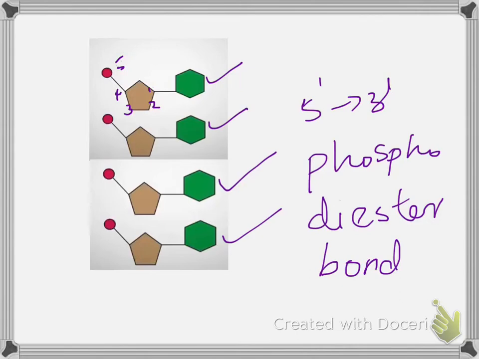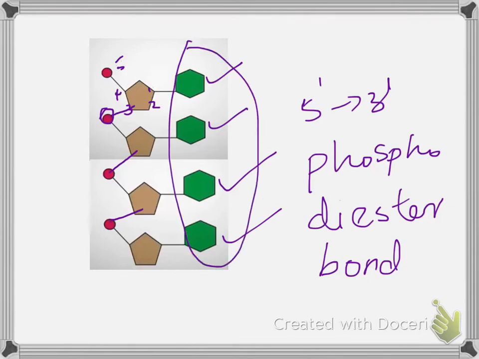Here we can see this is the 5' position, so 5' to 3', and again 5' to 3', like this. In the case of DNA, a sugar phosphate backbone is there, to which the nitrogenous bases are attached.